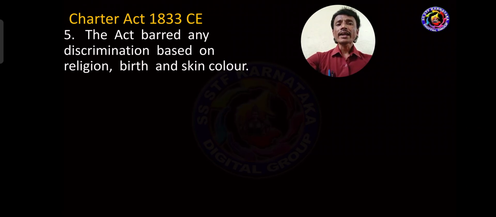And the act barred any discrimination based on religion, birth and skin color. Which act? The Charter Act of 1833. It was completely prohibited. So we need not discriminate based on religion. Whether the person belongs to any religion, we need not discriminate.